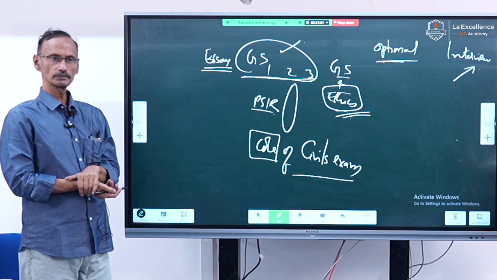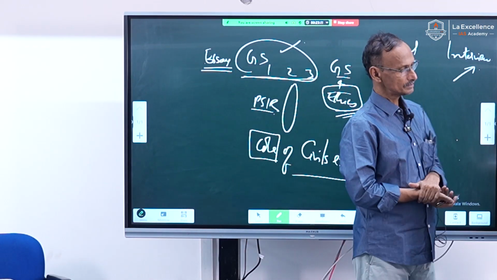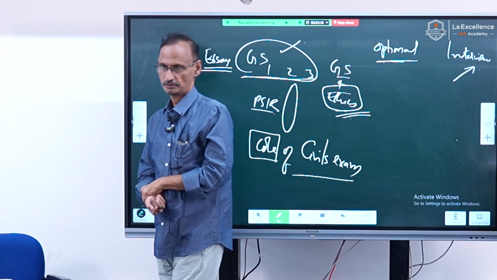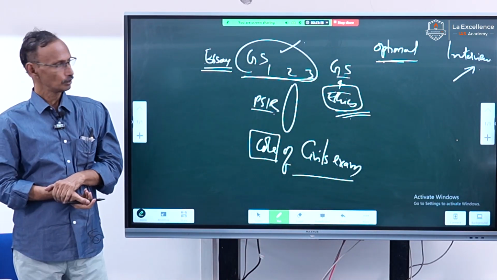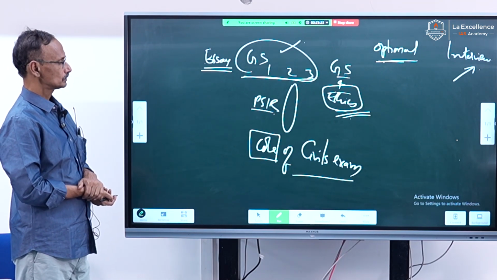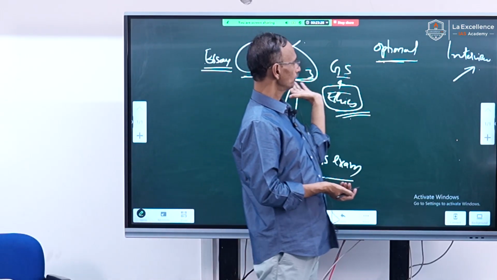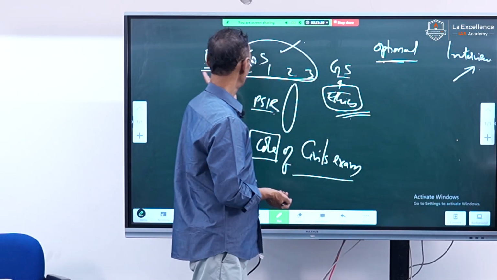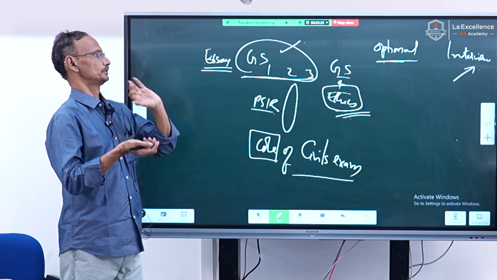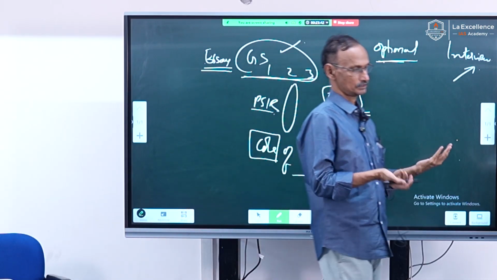But whereas sociology focuses on society aspects, it doesn't really touch much on polity and current affairs. So that is why of all the optionals, I find PSIR is the most relevant. If you do this, then it amounts to preparing for a huge part of the examination, the core of the examination. So this is about PSIR versus other optionals.